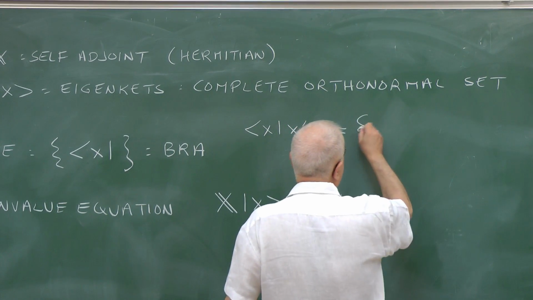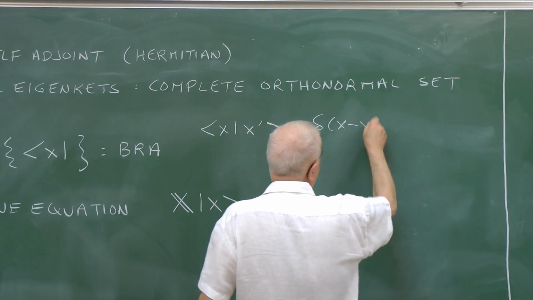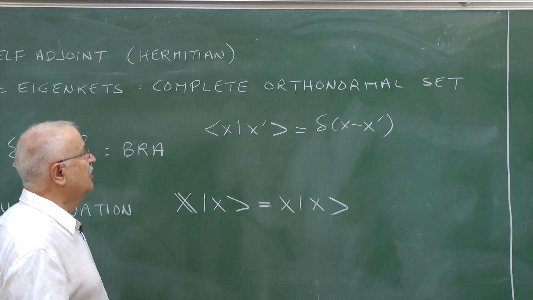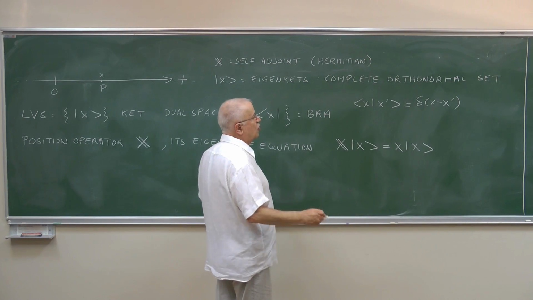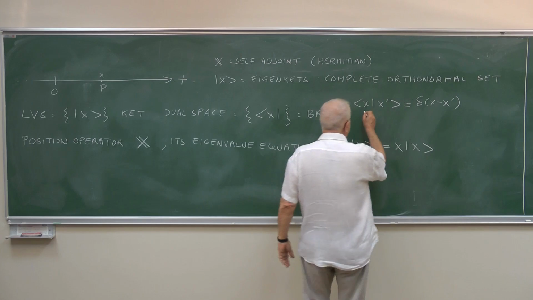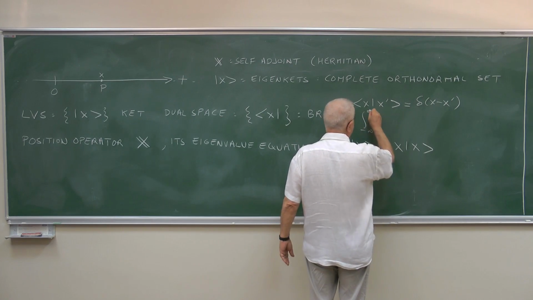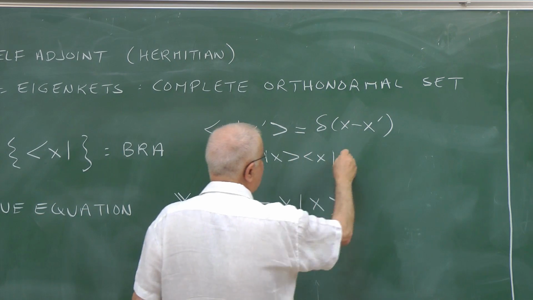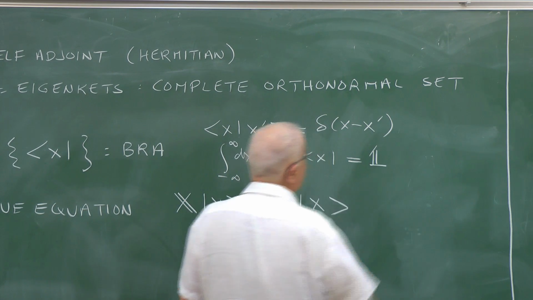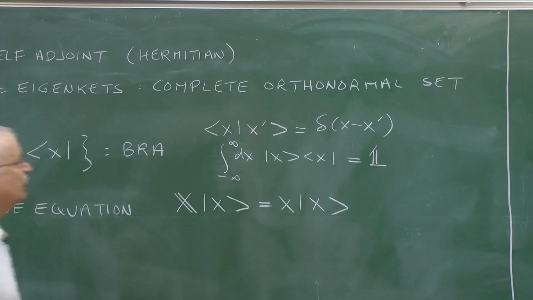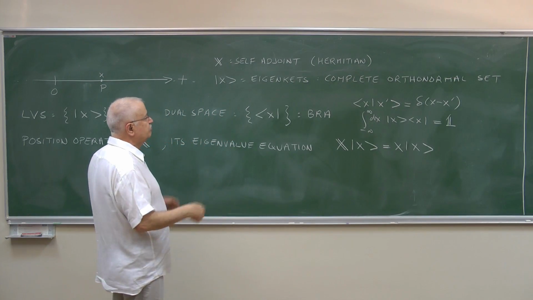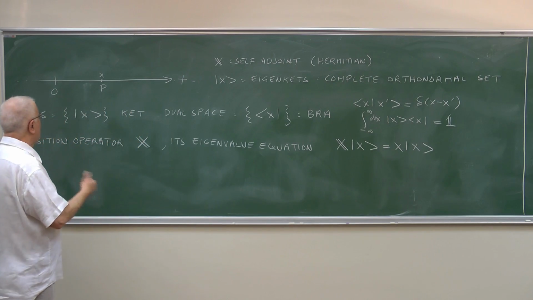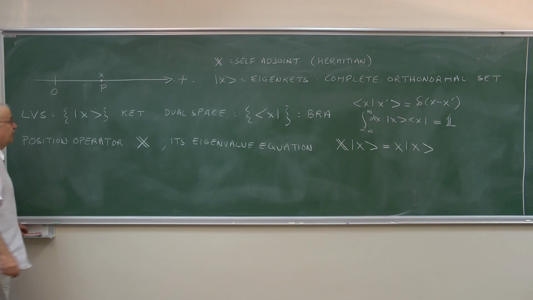And this scalar product is the Dirac delta function of the difference between these two values. That's orthonormal. The completeness is the integral from minus infinity to infinity dx of x ket x bra equals identity. That's our starting point for the coordinate system.